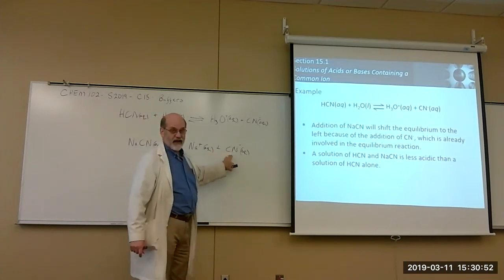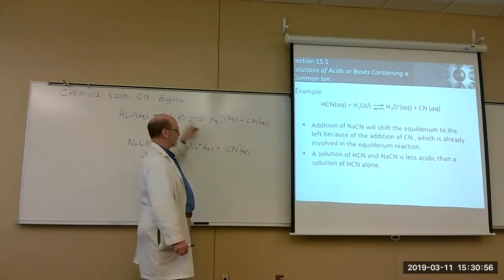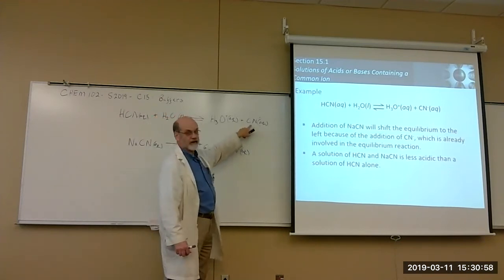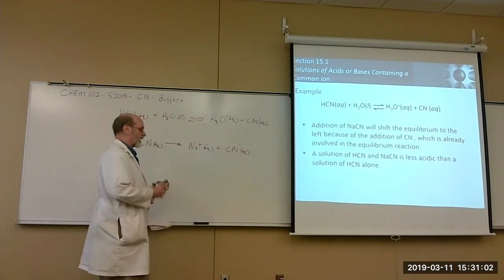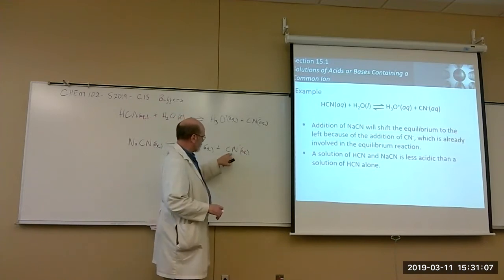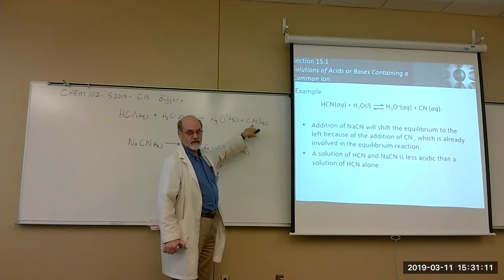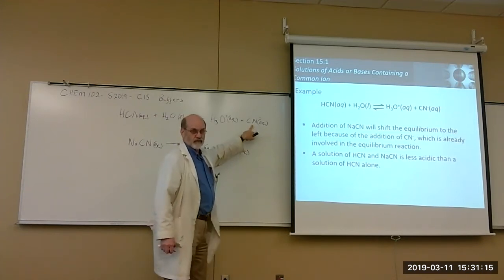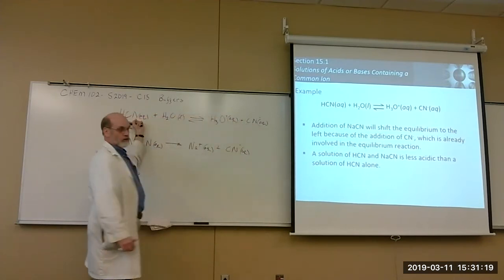But the cyanide ion is a common ion to this balanced equation because it fits in right here. So, according to Le Chatelier, if we add sodium cyanide to this mixture, the cyanide ion is going to increase the concentration of cyanide, so that disturbs the equilibrium. And the natural response is for the equilibrium to shift back toward reactants.